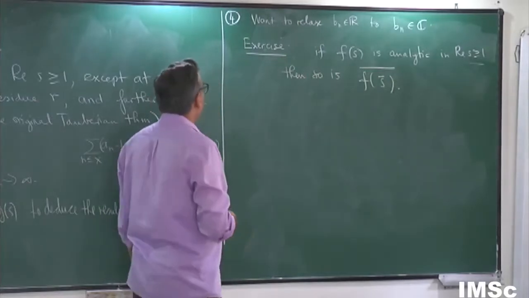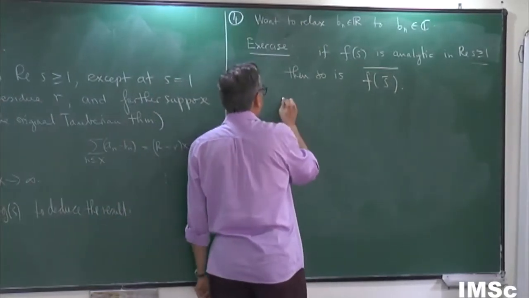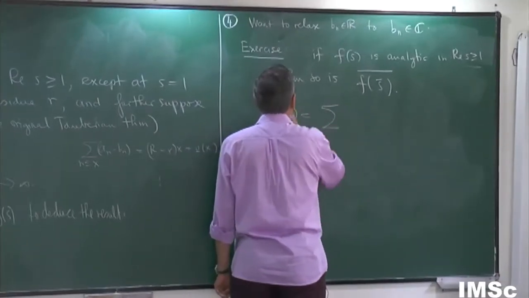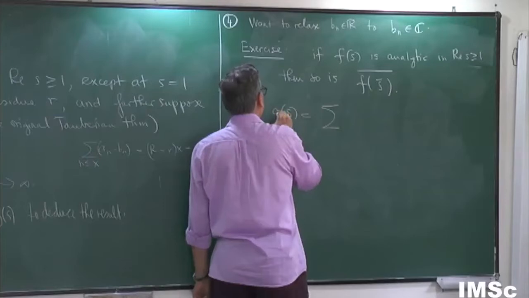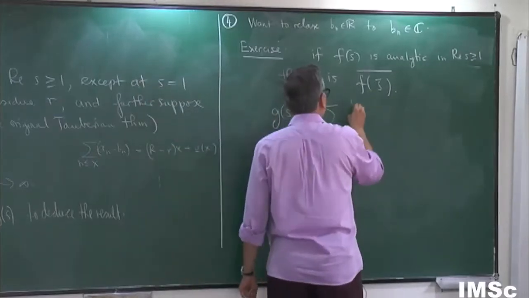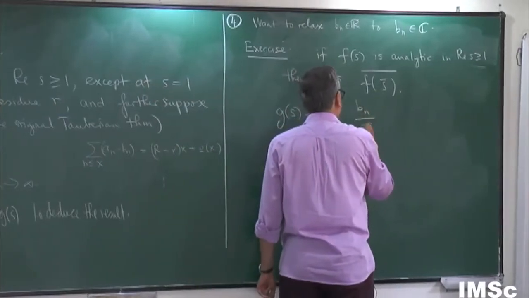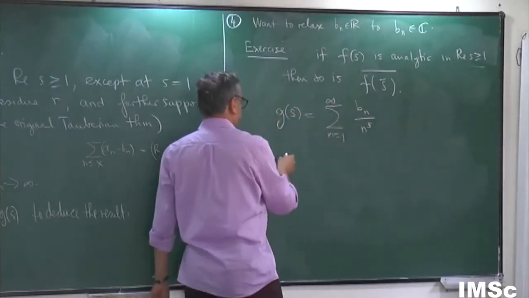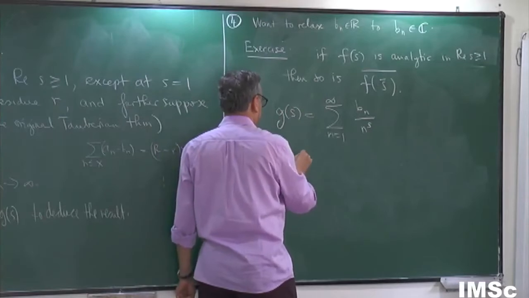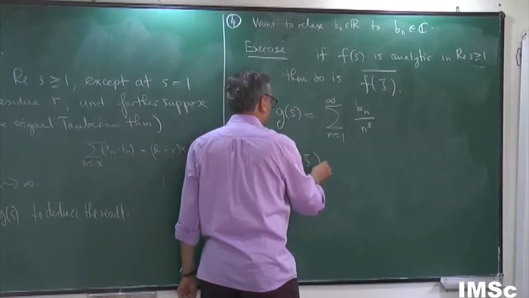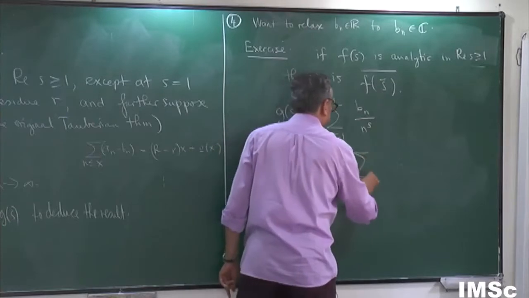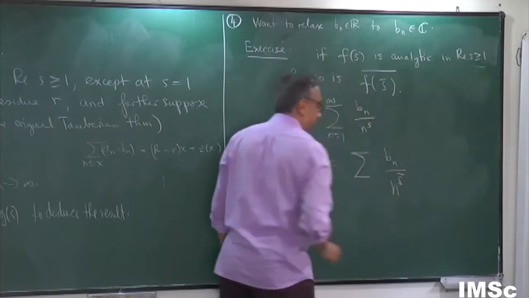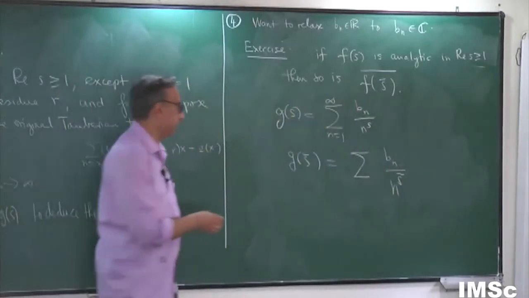Now, what happens in the context of Dirichlet series? If I have, let's use G of s, because I want now G of s to have complex coefficients. If I look at G of s bar bar, that's the series.